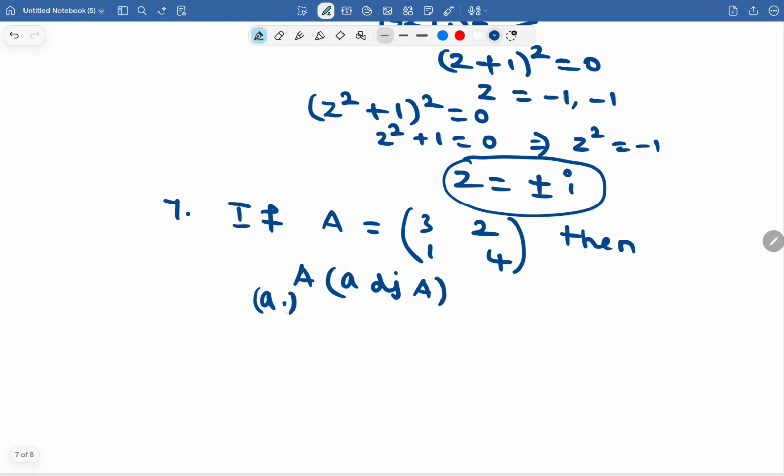First option [10, 0, 0, 10]. Second option [0, 10, 10, 0].